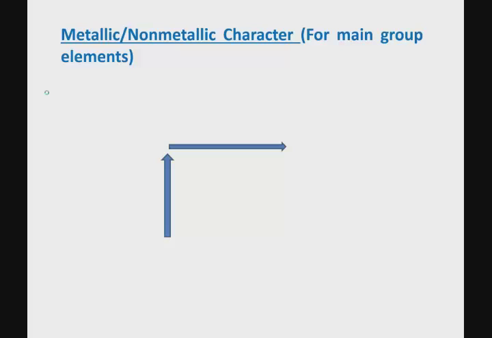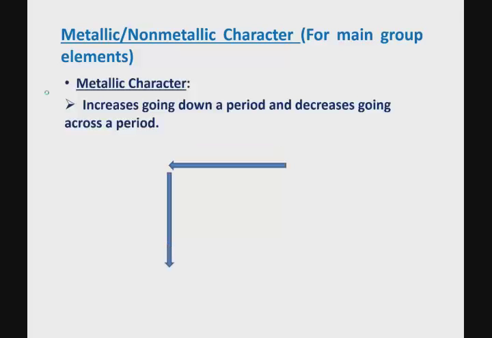But the metallic character also decreases across the period, because across the period, remember that the atom is actually getting smaller. So the smaller the atom, the less metallic that element would be. Now, metallicity and non-metallicity are opposite of each other. So whichever metal is more metallic, it is less non-metallic, and vice versa, right?